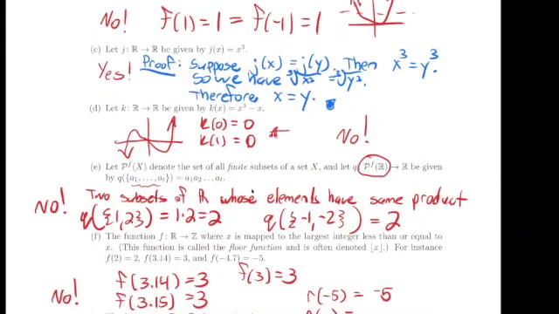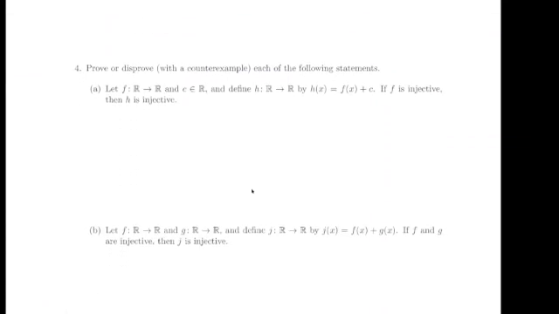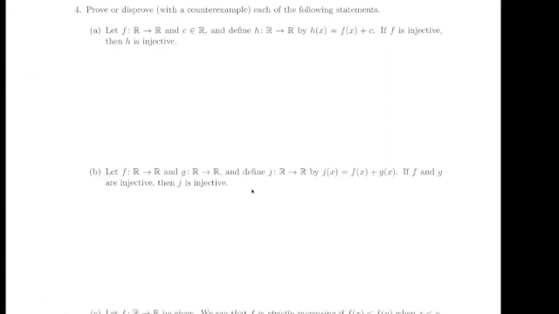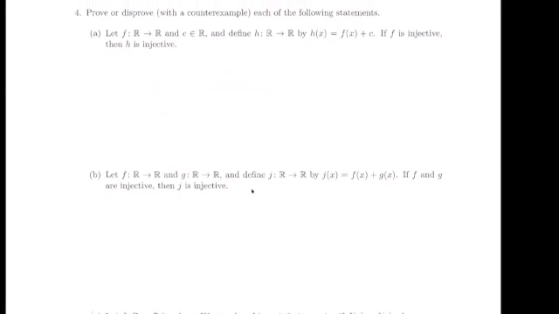Okay, so I'm gonna bypass 3 for a second. And so question 4 is dealing exactly with these sorts of proofs of injectiveness. So let's practice some of these. So we'll start with 4A.